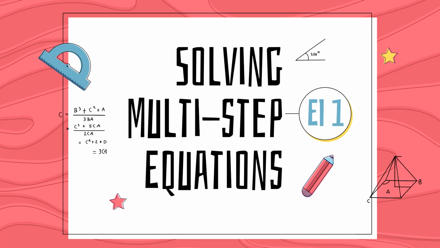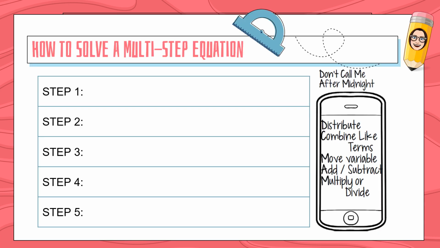Our next section is solving multi-step equations. Let's start off with some rules. We've talked about all of these rules in the previous section, but now let's sort of put some order to them. All right, let's put all of these thoughts together. Step 1, if there's any distribution involved, parentheses, make sure you take care of that first.